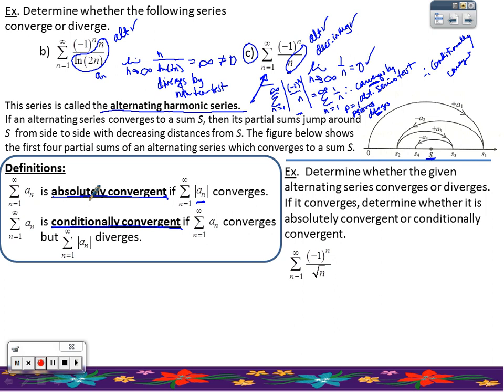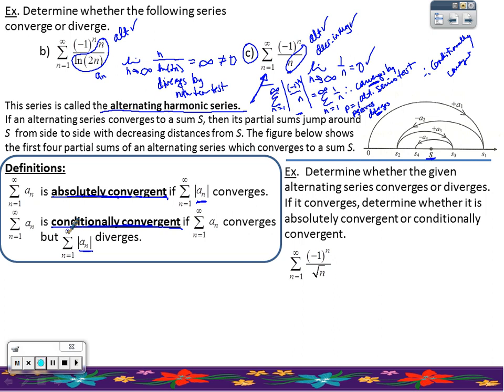We start with it and we decide what happens to it. Does it converge or diverge? If it diverged, we're done. Everything diverges, period. If it converges, then we check the absolute value of that series out and see whether it converges or diverges. If it converges, then we're absolutely convergent. If it diverges, then we're conditionally convergent. Okay? Is that okay?